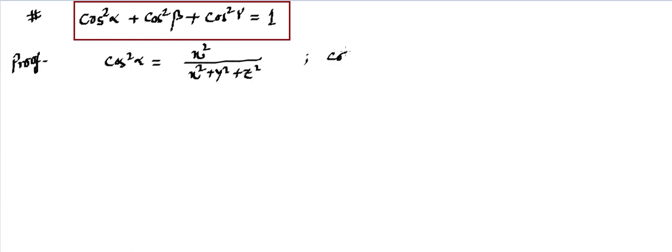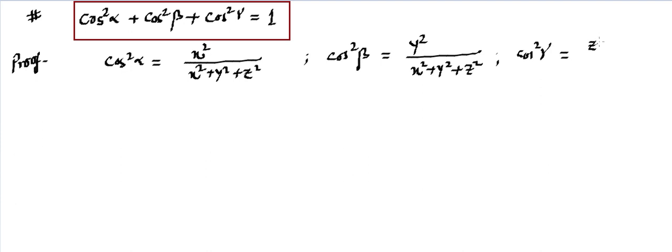Similarly, we know cos beta, so cos square beta will be equal to y square divided by x square plus y square plus z square. And we can also write the square of cos gamma, with very similar logic: z square divided by x square plus y square plus z square.